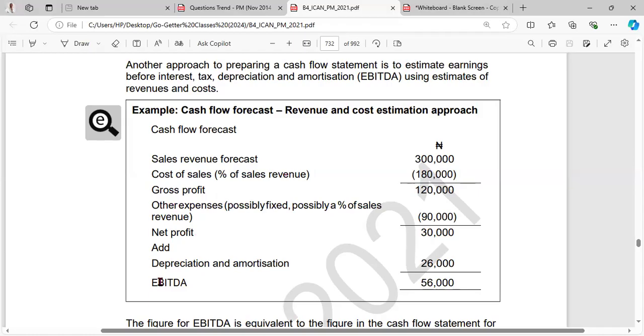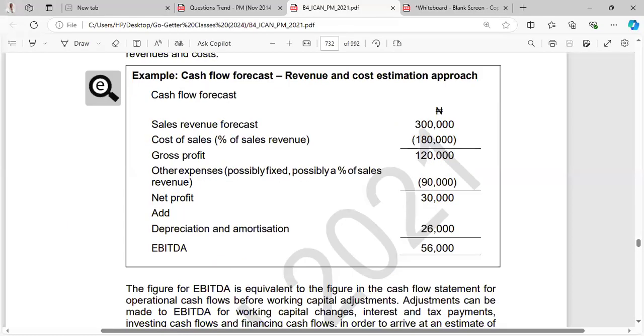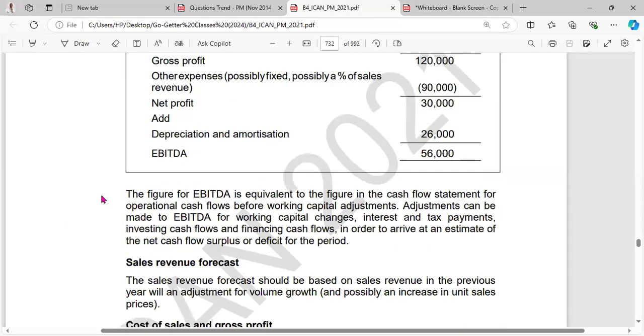This is the ITDA: interest, tax, depreciation, and amortization. Then you will get the same thing. All right, so the figure for EBITDA is equivalent to the figure in the cash flow statement for operational cash flow before the working capital adjustments. So that's it.